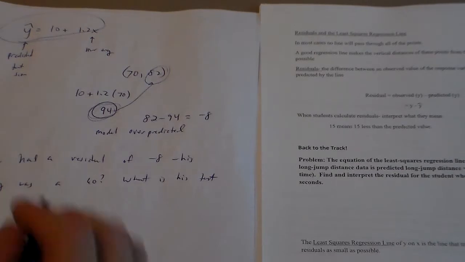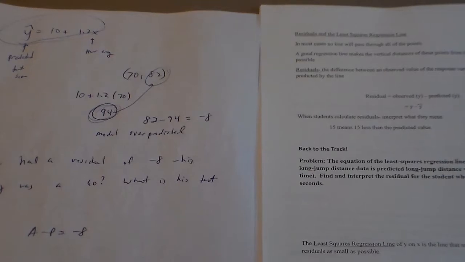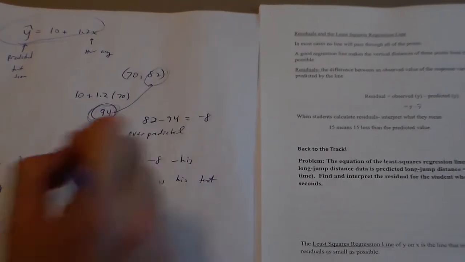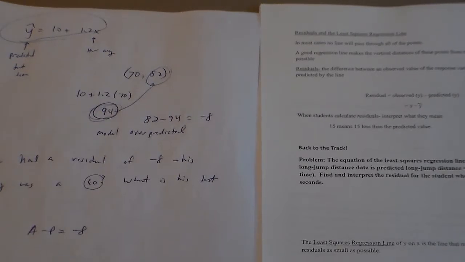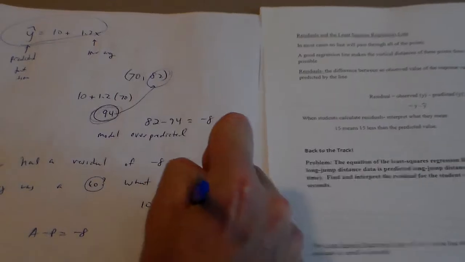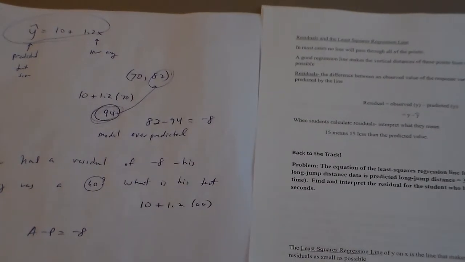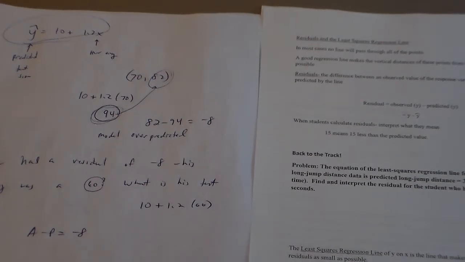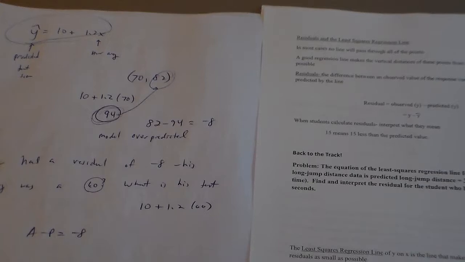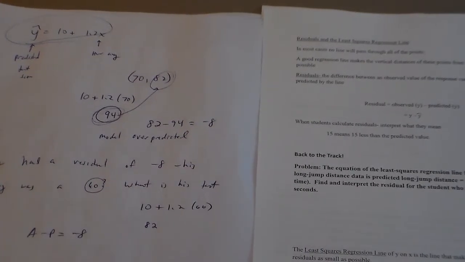So again, our A minus P has to equal a negative 8. And if his homework average is a 60, we have to find out what the model predicts for that. So I do 10 plus 1.2 times 60. 1.2 times 60 gives me a 72, and plus 10 is an 82.